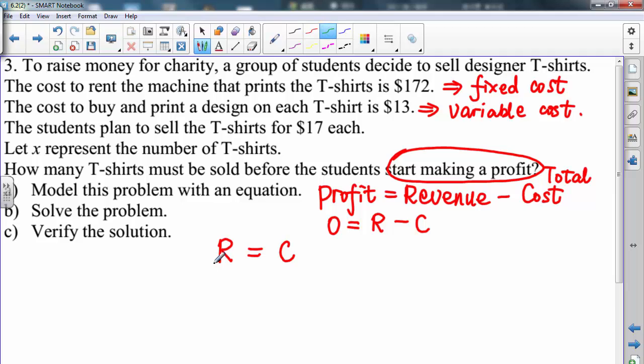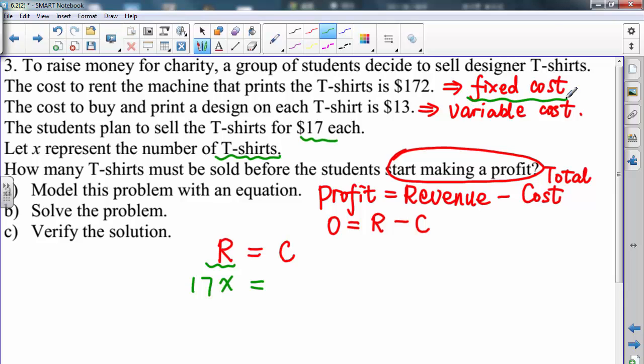That's the moment before the students start making a profit. So right now we need to write down what is the revenue if the students sell x t-shirts. One t-shirt is $17. So x t-shirts, they can make an income of 17x, equals the cost, which involves two parts.